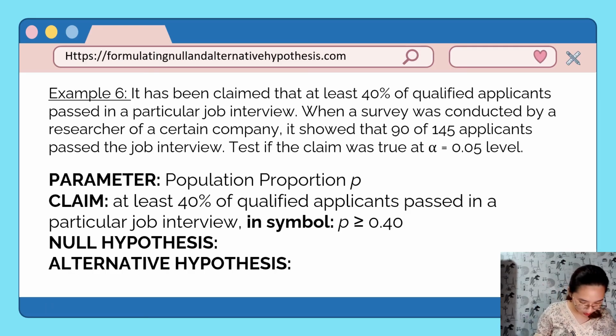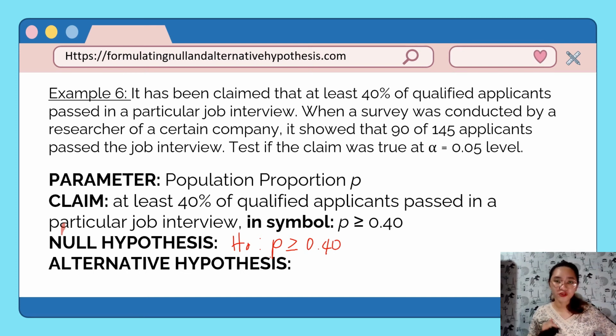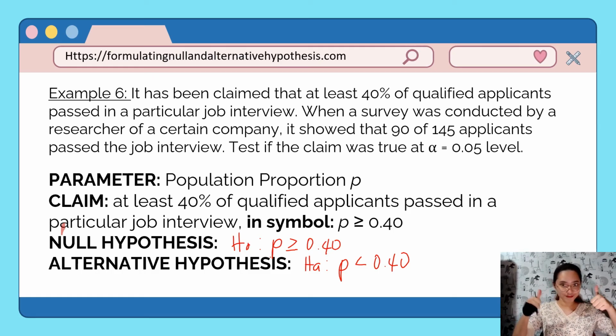So, ibig sabihin, ang null hypothesis natin ay population proportion greater than or equal to 0.40. And to formulate yung alternative hypothesis natin, kunin lang natin yung complement niya. Kung greater than or equal yan, ibig sabihin, ang ating alternative hypothesis is less than 0.40. So, ganun lang siya kadali.